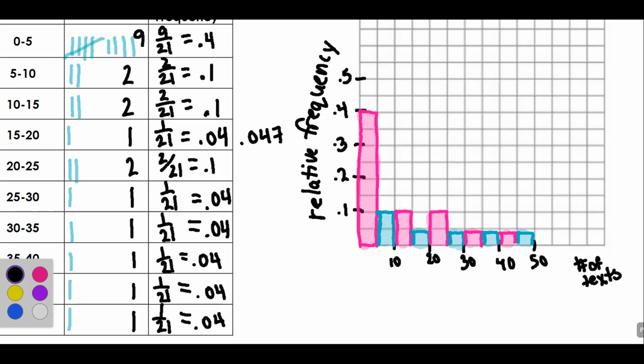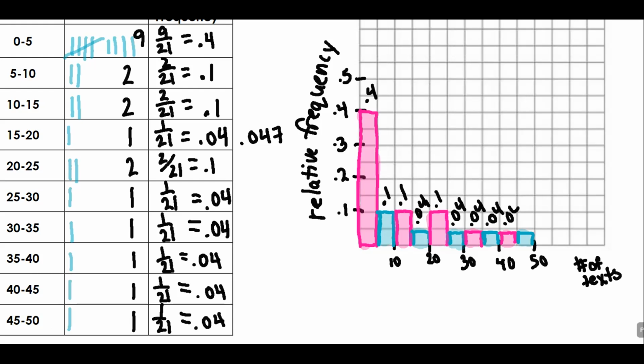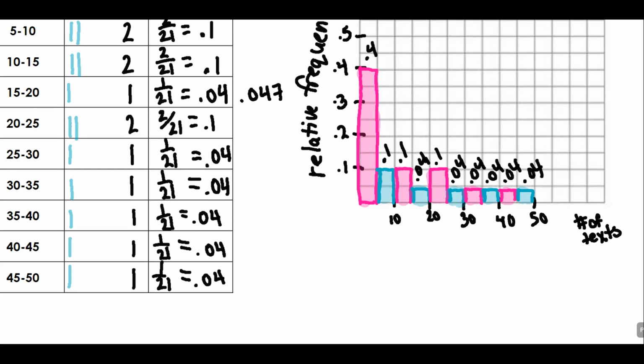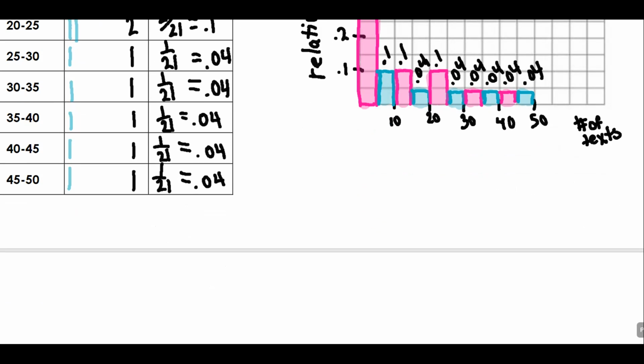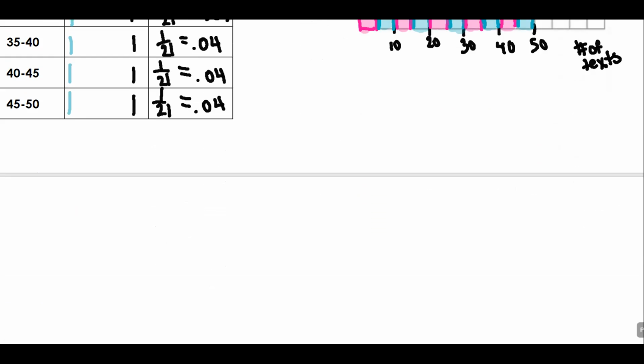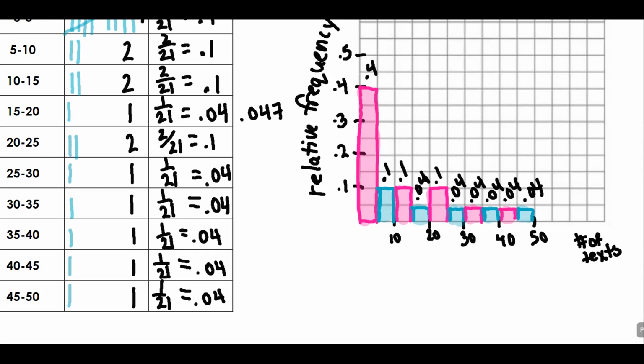And so this is a 0.4, a 0.1, a 0.1, 0.04, 0.1, 0.04 for each of these. And that would be my relative frequency histogram. And that's the end of these notes.